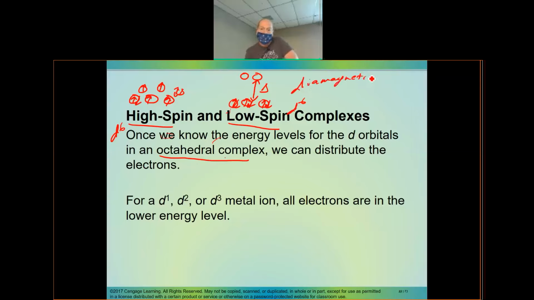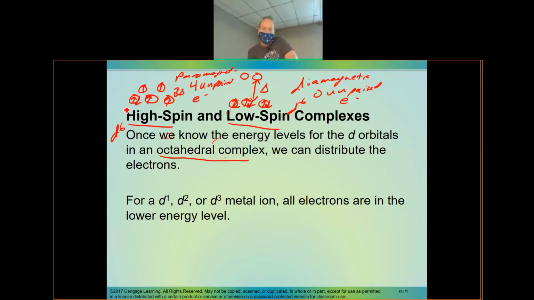It has 0 unpaired electrons. And this one is paramagnetic because it has 4 unpaired electrons.